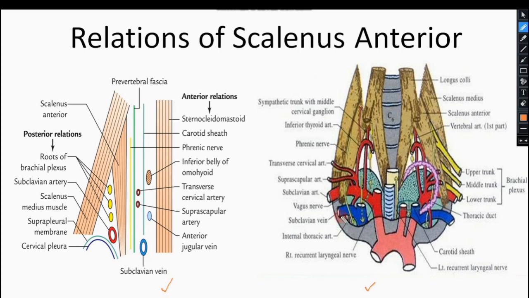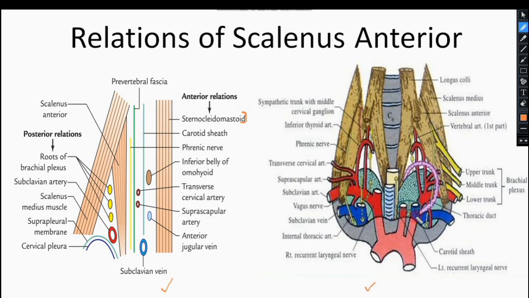Removing all the structures, we see this clavicle. Then further moving deeper, we see sternocleidomastoid. Then further we see the inferior belly of omohyoid.